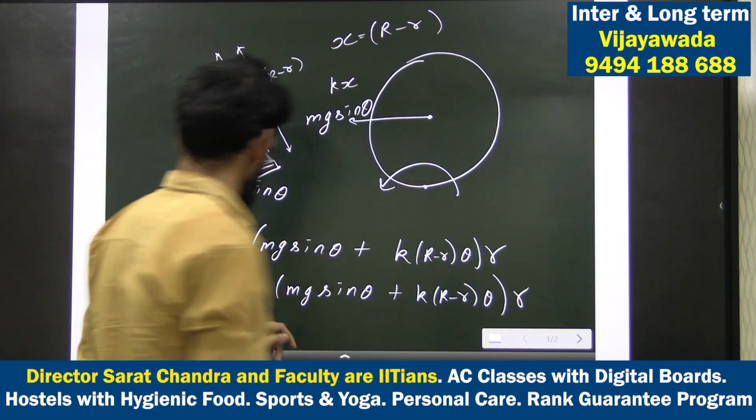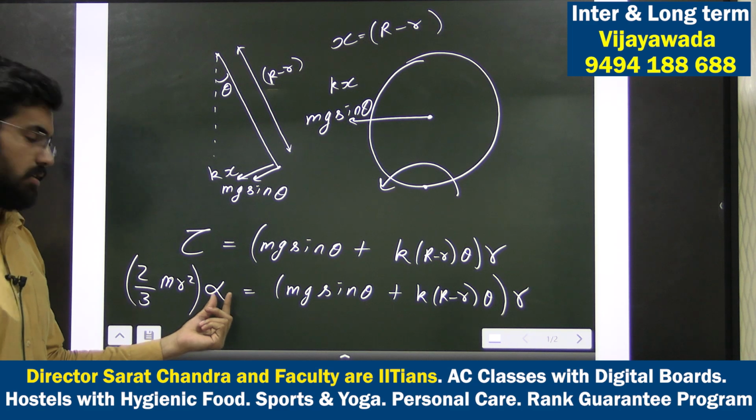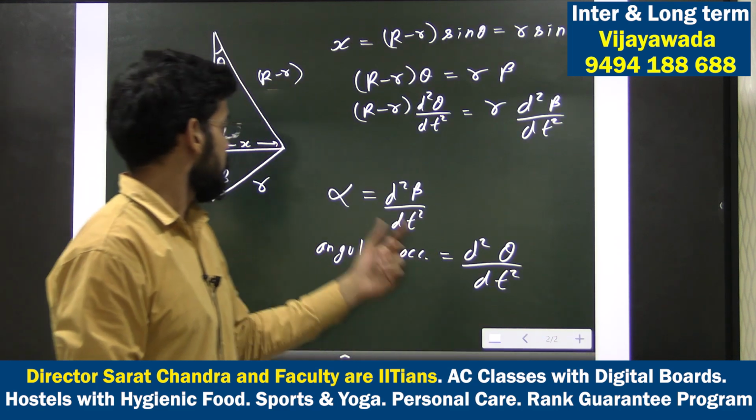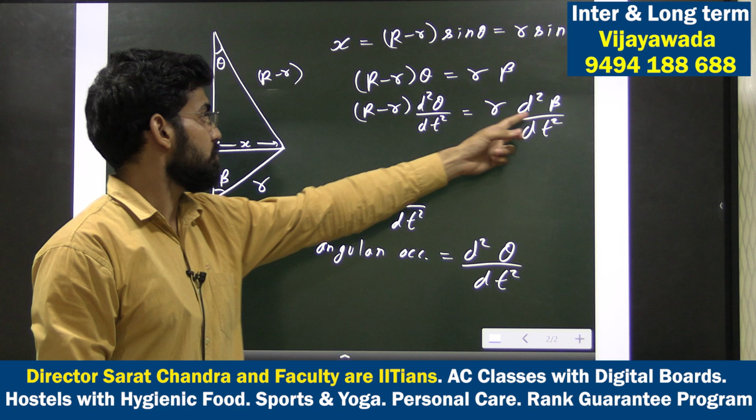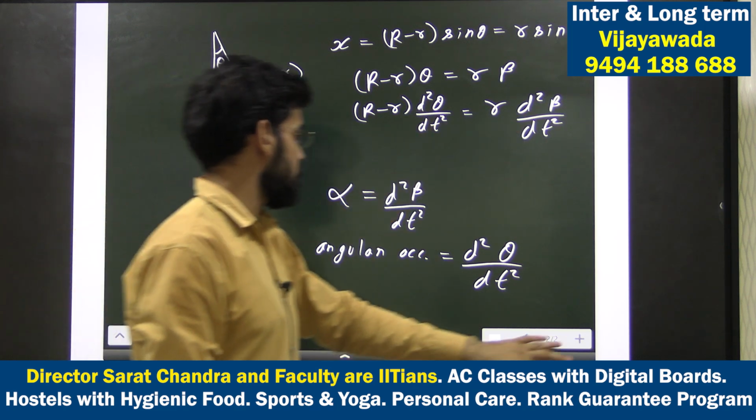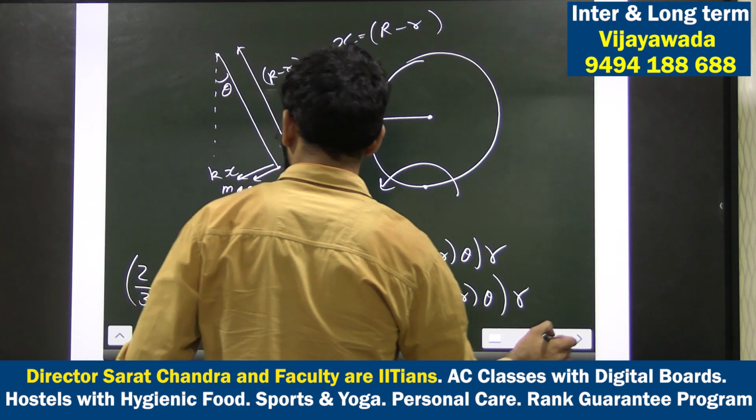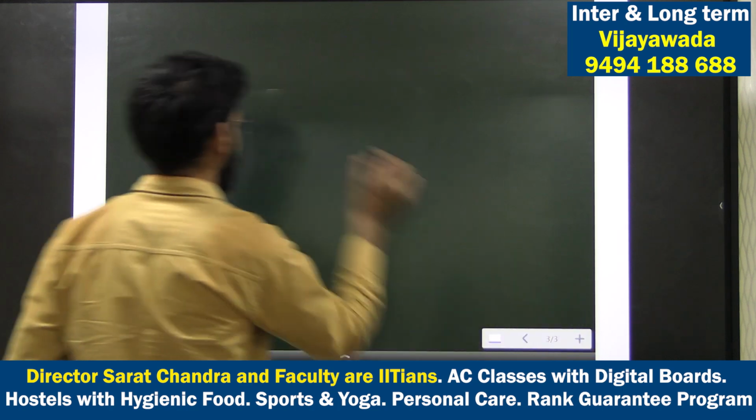We will use this expression. How will we use it? See, here alpha is d2 beta by dt square. So you replace the d2 beta by dt square. Here you have 3 by 2 mr square as it is.